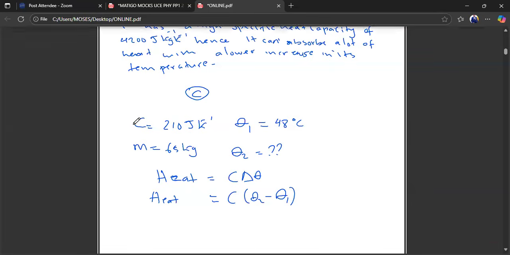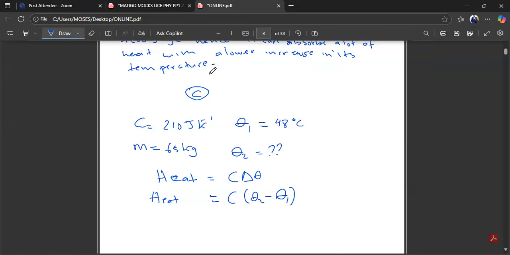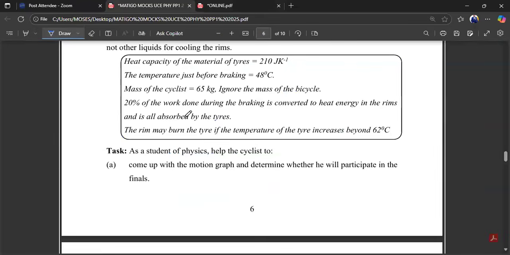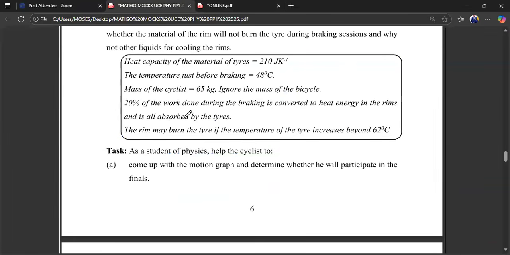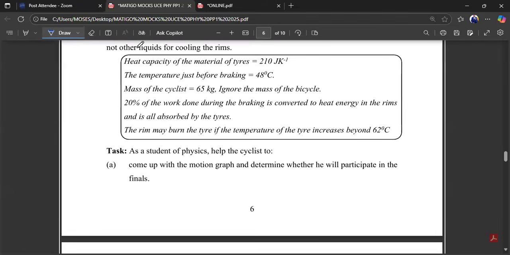But now, when you go back here, they are saying 20% of the work done during the braking, not during the motion, is converted to heat energy in the rims, and all is absorbed by the tires.